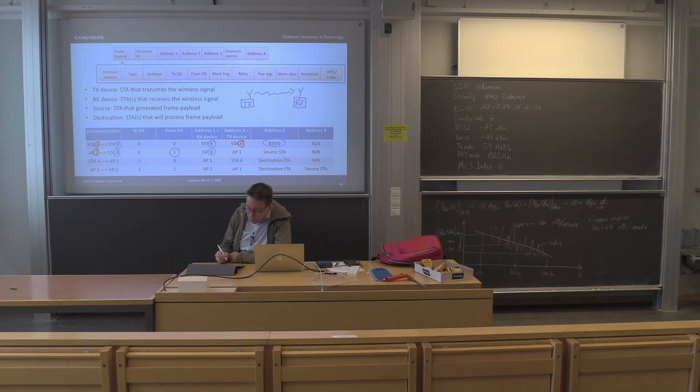Now access point 1 is the sending device, so we have access point 1 here. Now the access point is never, or very seldom, the final destination of the frame. So the frame goes from station A to the access point, but after the access point it needs to go somewhere else, namely to the, sorry, my bad. We're going from the access point to the station.